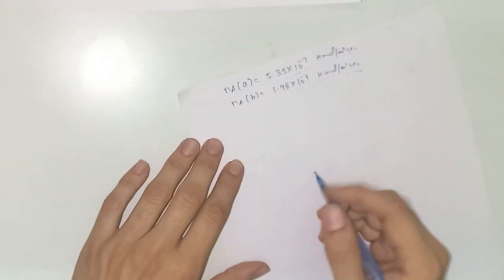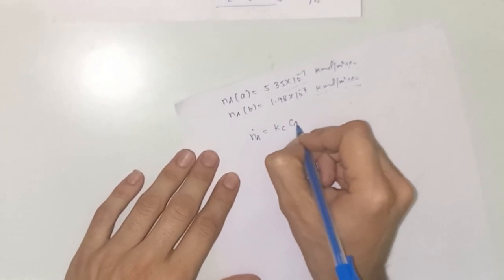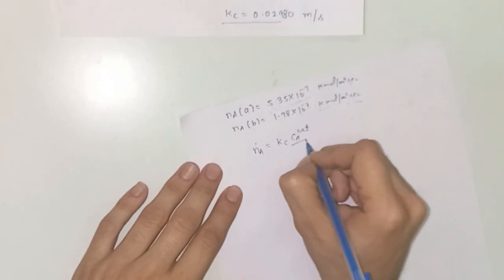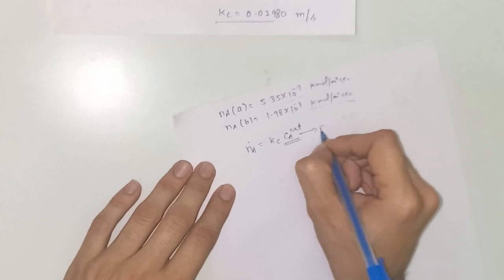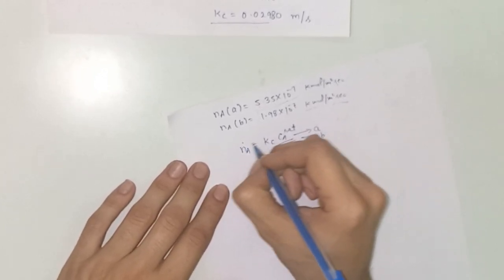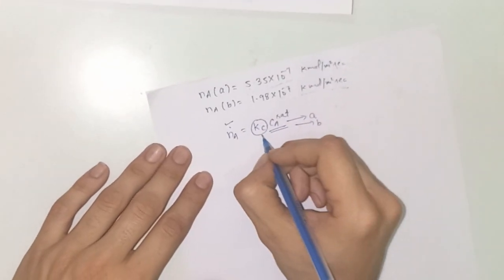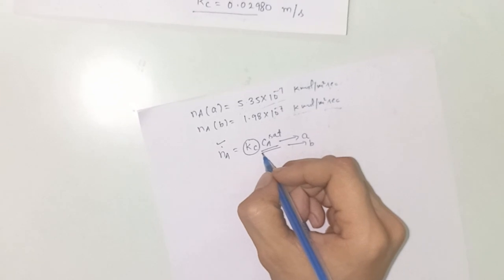the only change we get is in the Kc, the mass transfer coefficient, because the saturation concentration is the same in part A and part B. The only thing that changes the molar flux is the Kc. The Kc in the first part is different from the Kc in the other part.